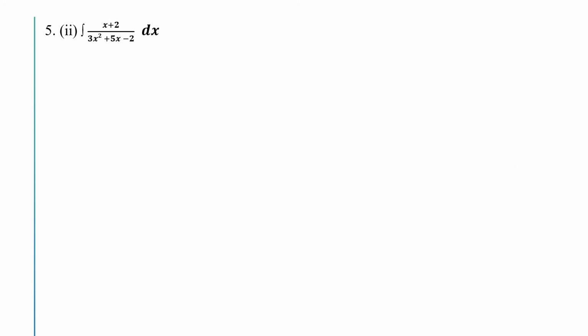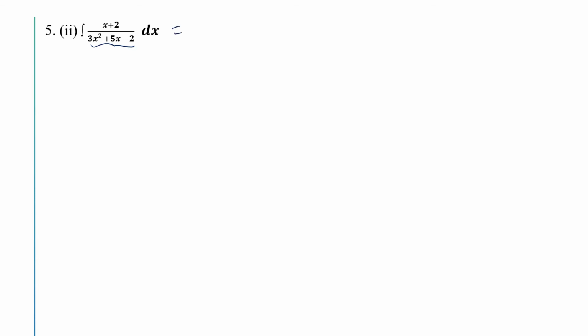Next question, integral x plus 2 by 3x square plus 5x minus 2 into dx. Again, we do not know any standard form to find the answer for this integral. So what we can do, we can factorize the denominator.